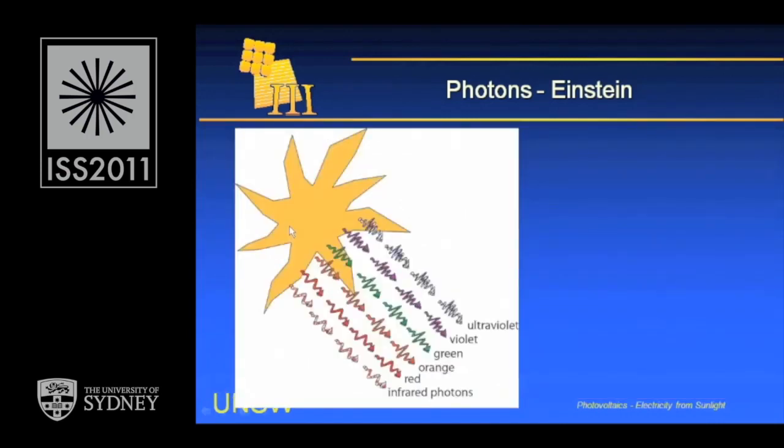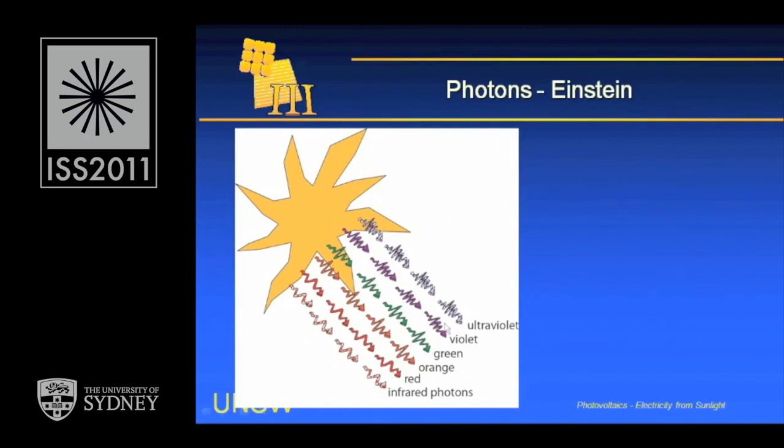So now we have this picture of sunlight. Not only do we have the different colours coming from sunlight, but the sunlight is coming in little packets that have a combination of wave-like and corpuscular properties. So a combination of Young's and Newton's ideas on the nature of light. For the violet light, the wavelength is quite short, so the packets have more energy than down the red end of the spectrum, where the wavelength is about twice as long.